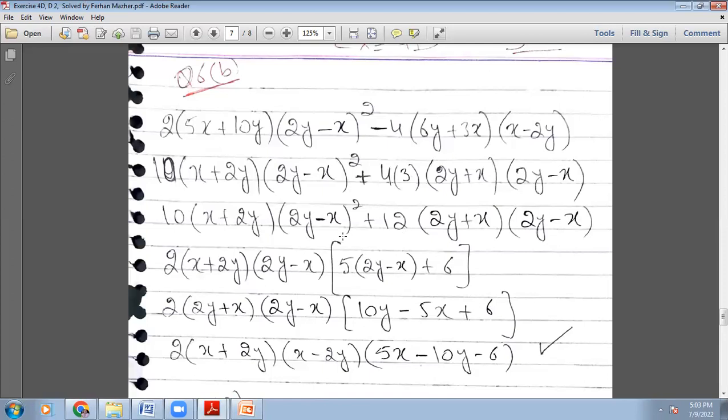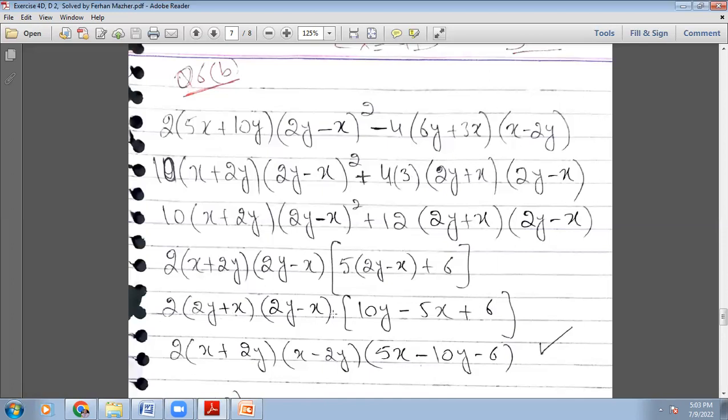So take from this and this, 2 is common, x plus 2y is common, and 2y minus x is common. From here, you are left with the 5 and the bracket 2y minus x. And from here, you are only left with the 6. When you divide this by this, you are left with plus 6 only. So this is 2 bracket 2y plus x and 2y minus x.